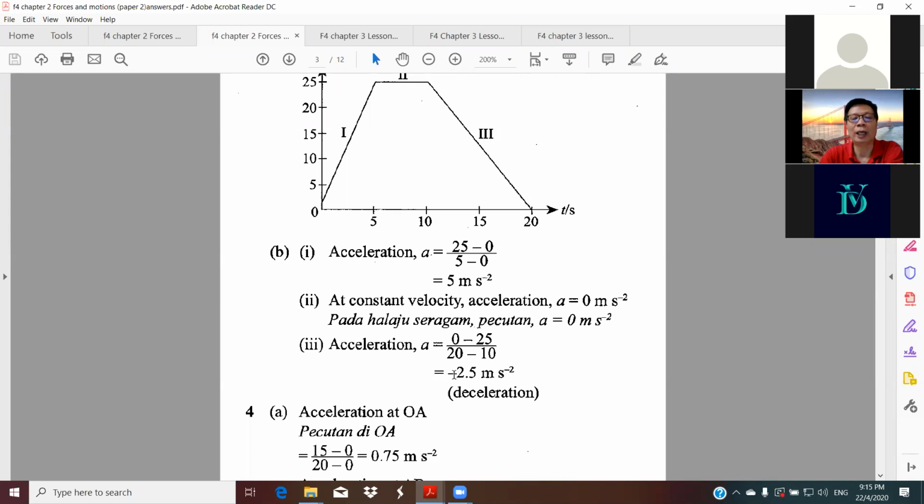You get negative because the line goes like this, the gradient is negative. So negative 2.5. If you answer acceleration, you put negative 2.5. If you write deceleration, then you just write 2.5. Understand? So that's number 3.